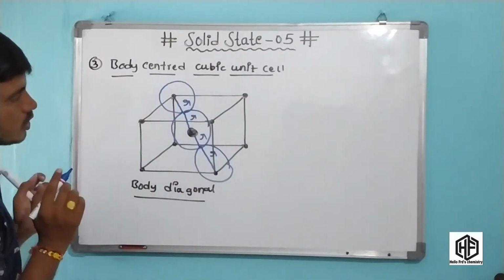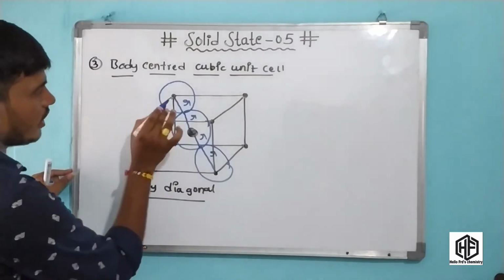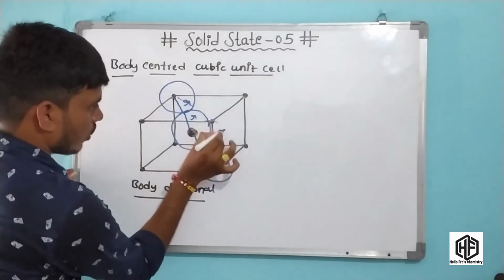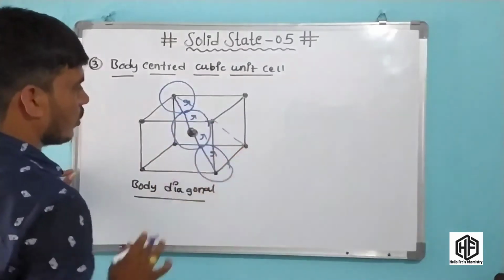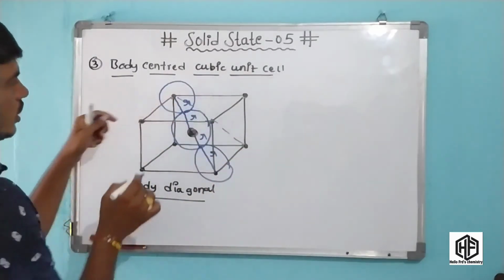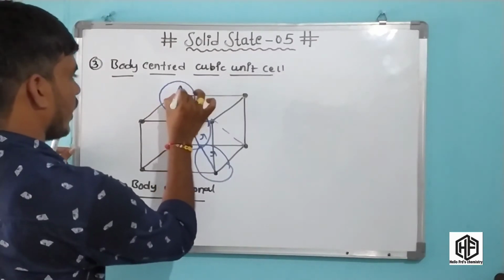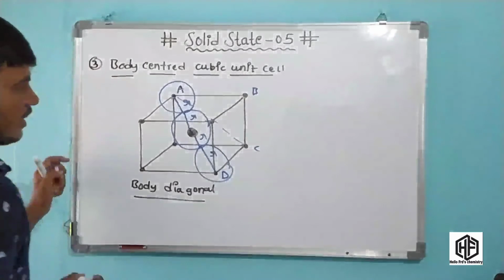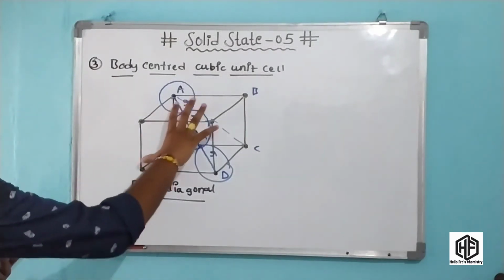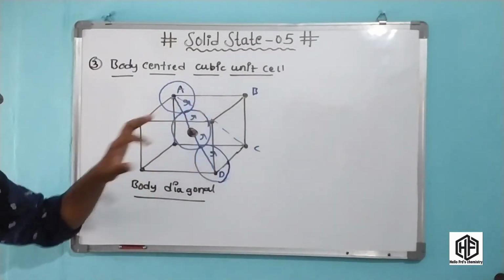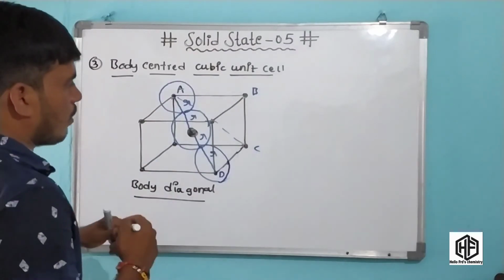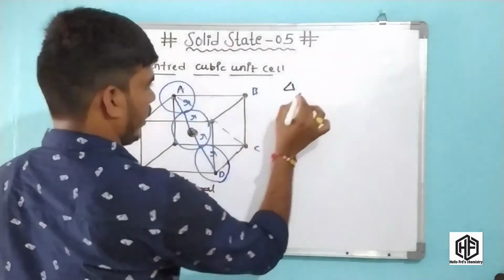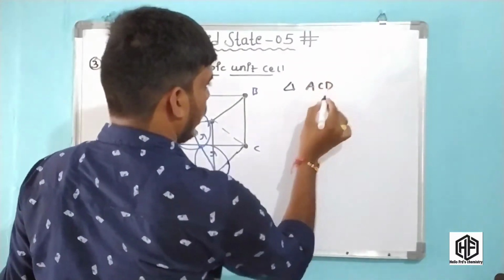I am drawing a small line from this point to this point. Now I represent the atoms as A, B, C and D. Here is the body centered cubic unit cell. Now consider the triangle ACD.